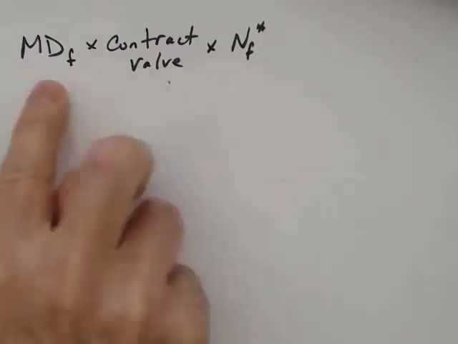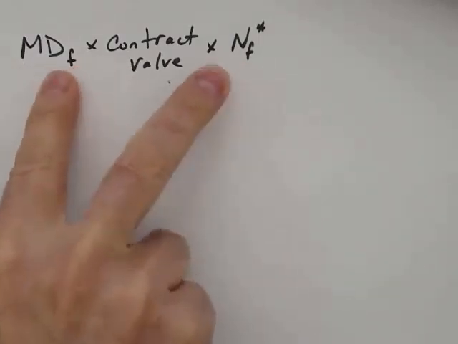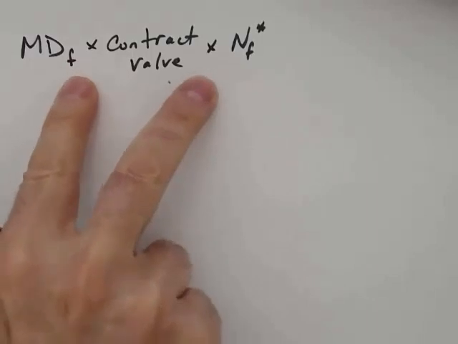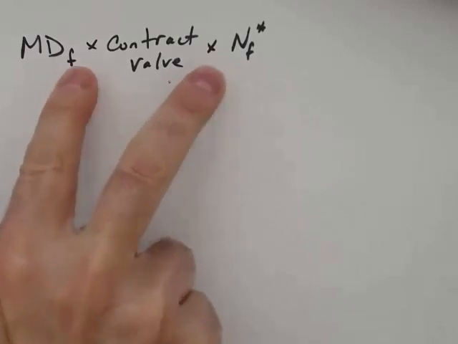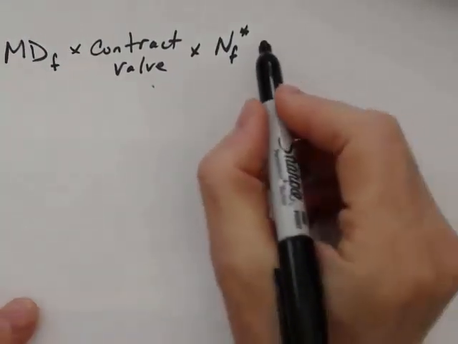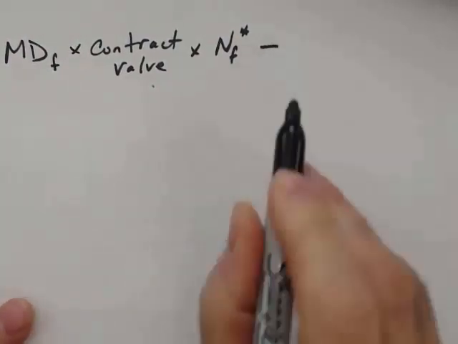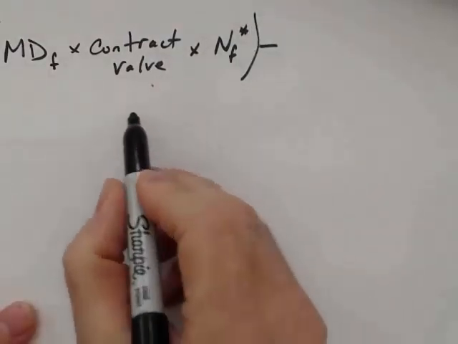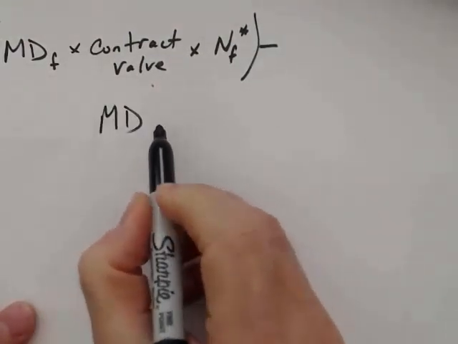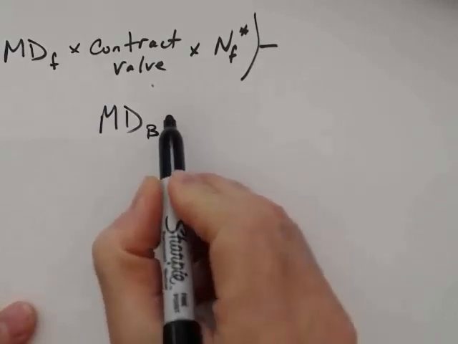Okay, this is how much change we have when interest rates change in the futures contracts. How much is the futures contract changing? We want that to be offset by the underlying bond position that we're trying to hedge.